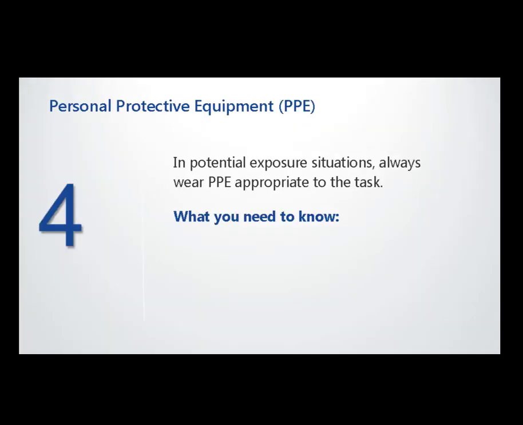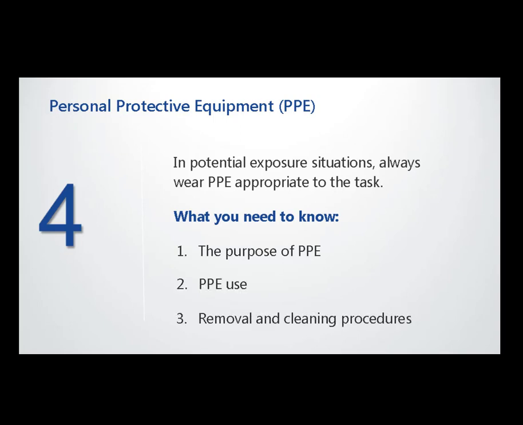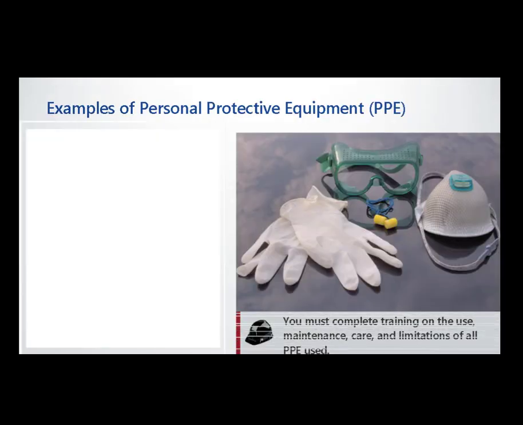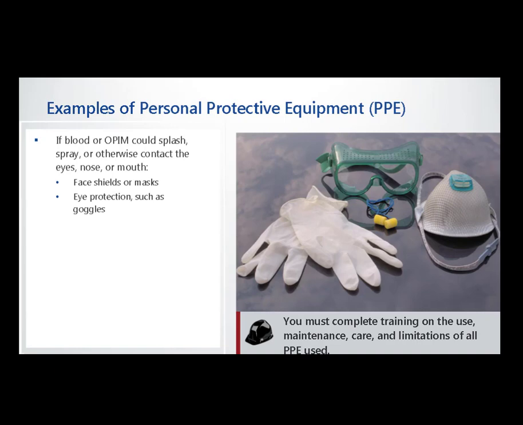In potential exposure situations, always wear PPE appropriate to the task. Here's what you'll need to know: the purpose of PPE, PPE use, and removal and cleaning procedures. If blood or OPIM could splash, spray, or otherwise contact the eyes, nose, or mouth, use face shields or masks in conjunction with eye protection, such as goggles.